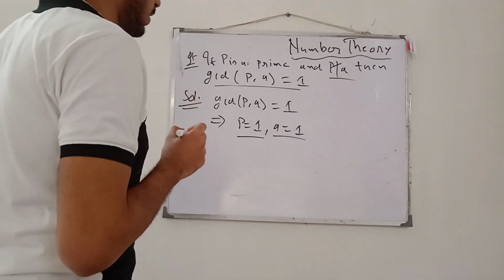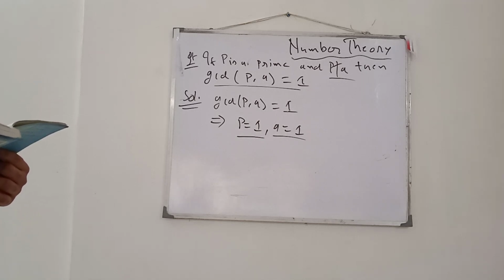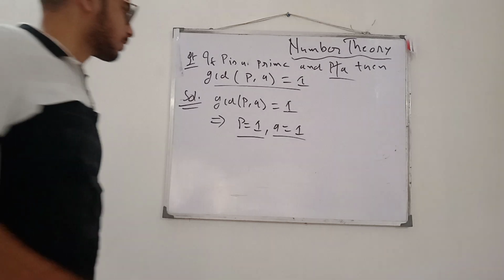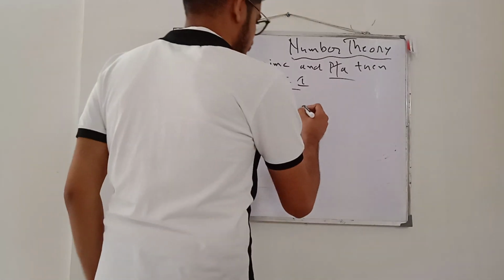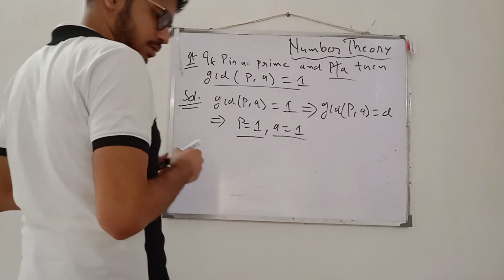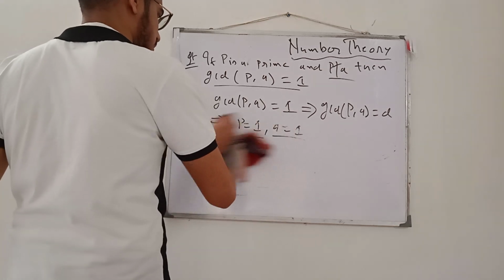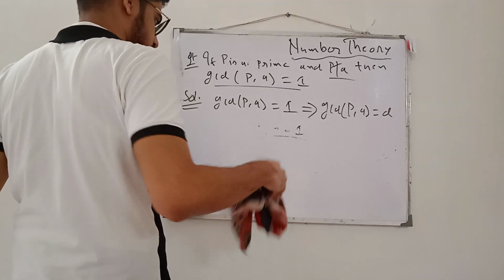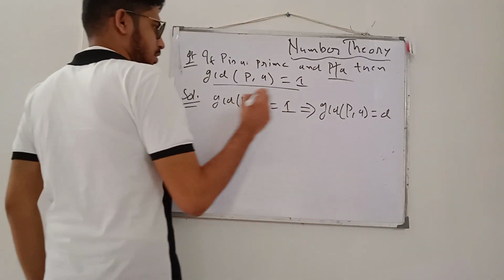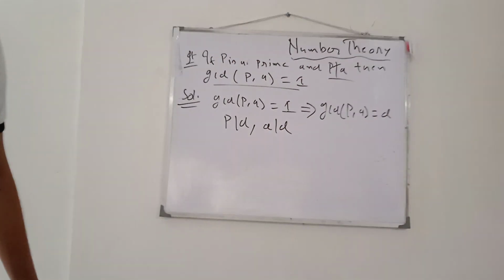P is equal to 1. Here now we will again write this, PA is equal to D. This is equal to P, so in that case P by D and A by D, in the same manner.